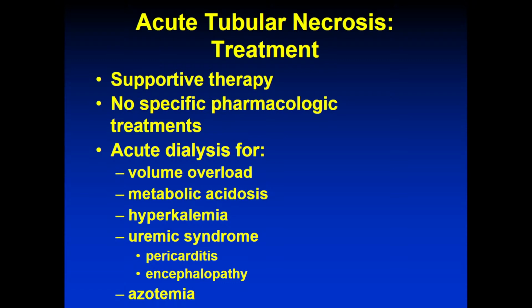And we must keep in your mind acute dialysis for such conditions like volume overload, metabolic acidosis, hyperkalemia, uremic syndrome, and uremic syndrome accompanied with pericarditis, encephalopathy. It's, by the way, the terminal conditions, and at last azotemia.